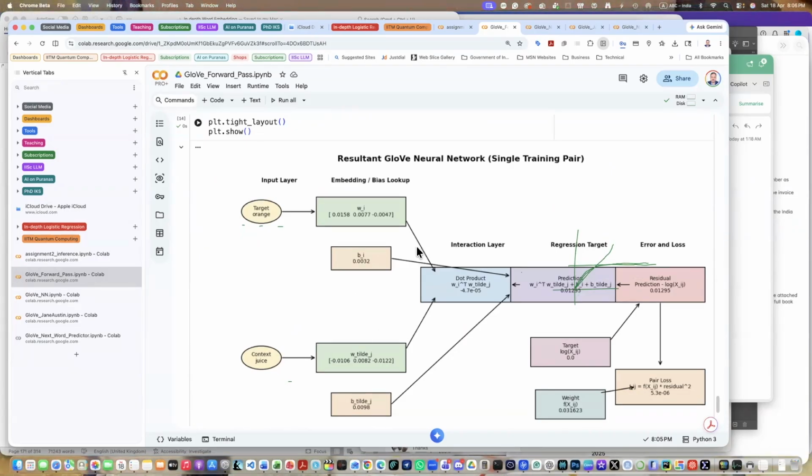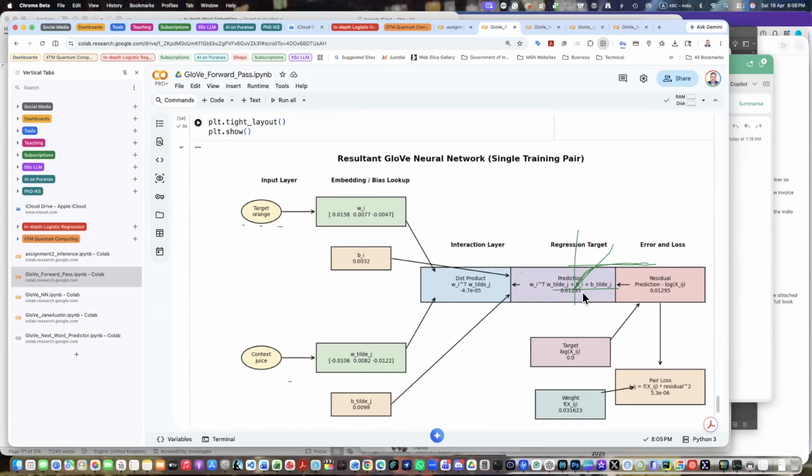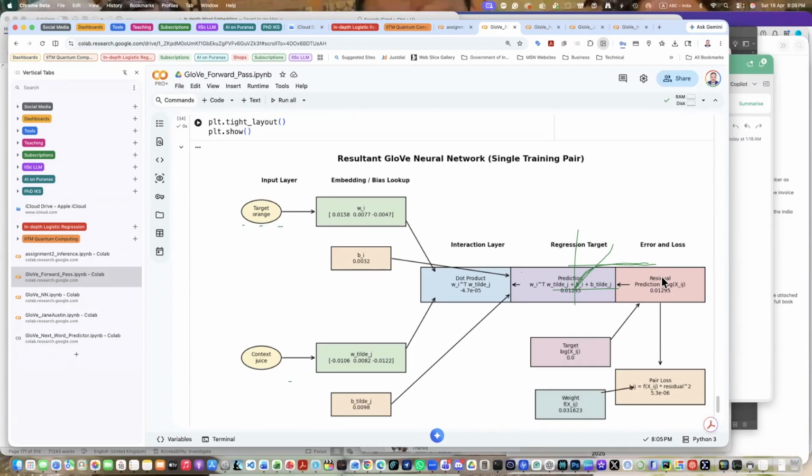Then you found the dot product of wi and wj. Your prediction value was this dot product plus bi plus bj. Outside, you took the log of xij and created a residual: this prediction minus the log of xij.